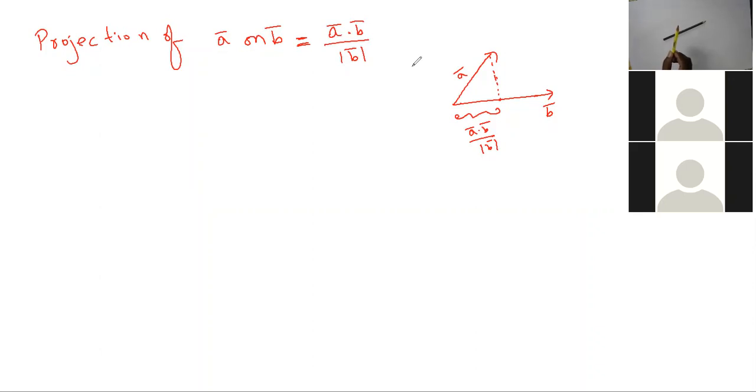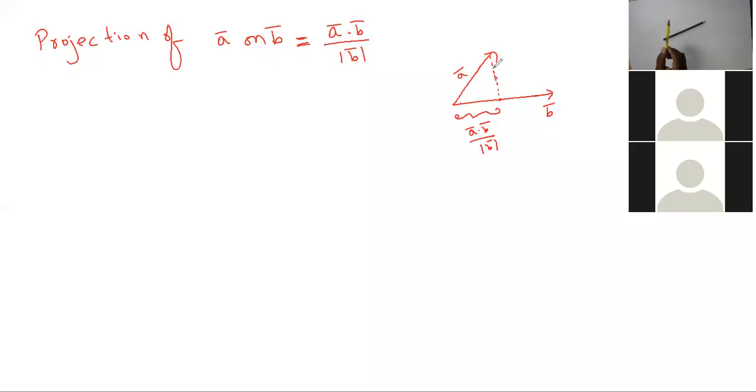So can anyone give the conclusion whether any two vectors are coplanar or not? Any two vectors must be coplanar, may or may not be coplanar, never coplanar. What is the answer? Which option will you pick?